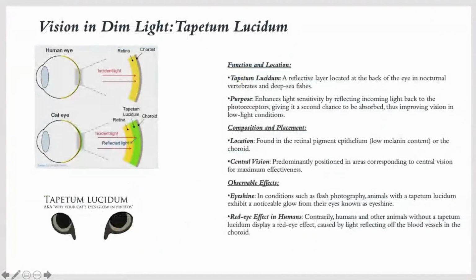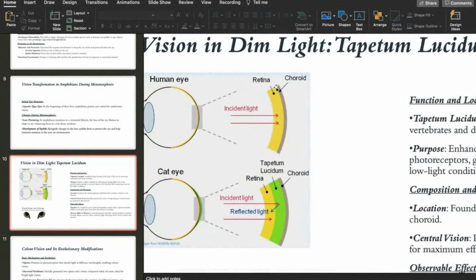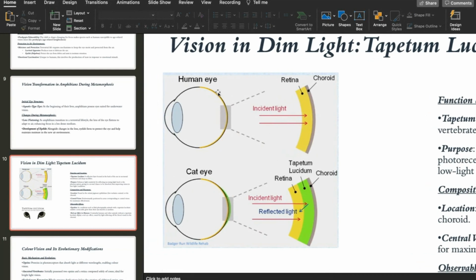Now, another thing to mention is you may have taken pictures of your friends, family members, or even yourself with flash before, and you may have noticed a red eye effect. This red eye effect happens because we have this structure here called the choroid. Most animals have this structure, and the choroid provides the blood vessels for our eyes.